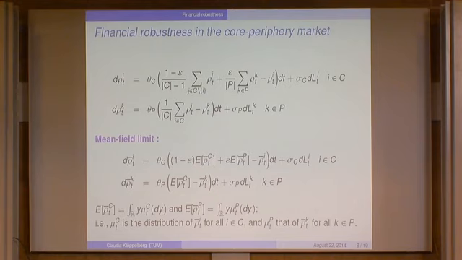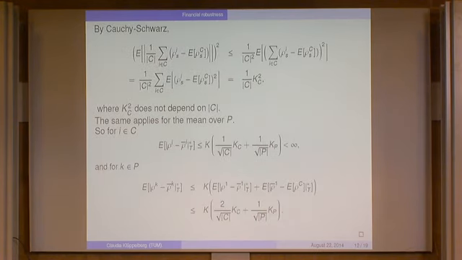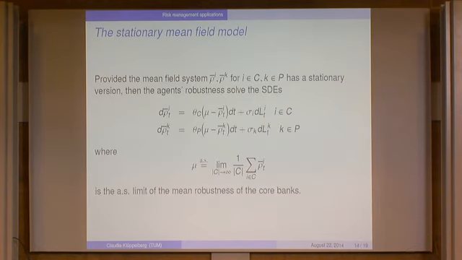However, if the mean field limit is a stationary process, then we can do more calculations with this Ornstein-Uhlenbeck structure. A lot is known. Provided the mean field system has a stationary version, the agent's robustness solves this classic Ornstein-Uhlenbeck model, and this mu is just the mean of all the core banks' robustness.